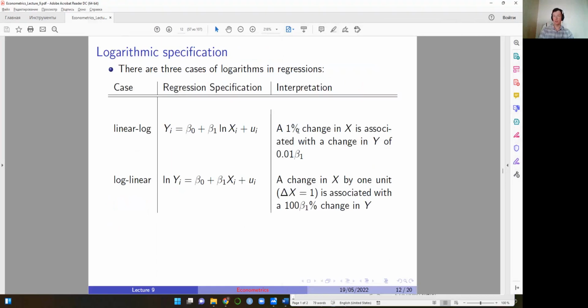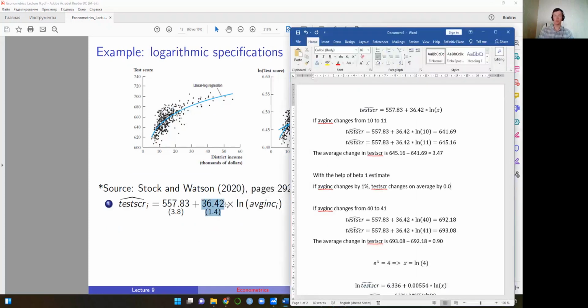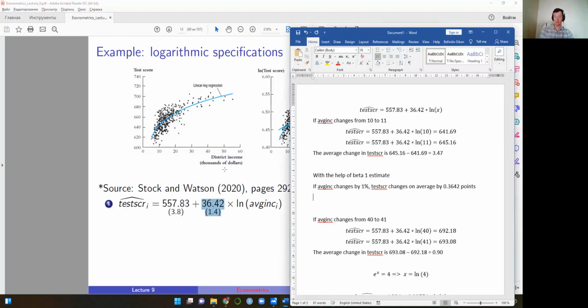Linear-log: a 1% change in x is associated with a change in y of 0.01 times beta 1. Which means that I need to multiply this beta 1 by 0.01, and that is going to be 0.3642 points, right?